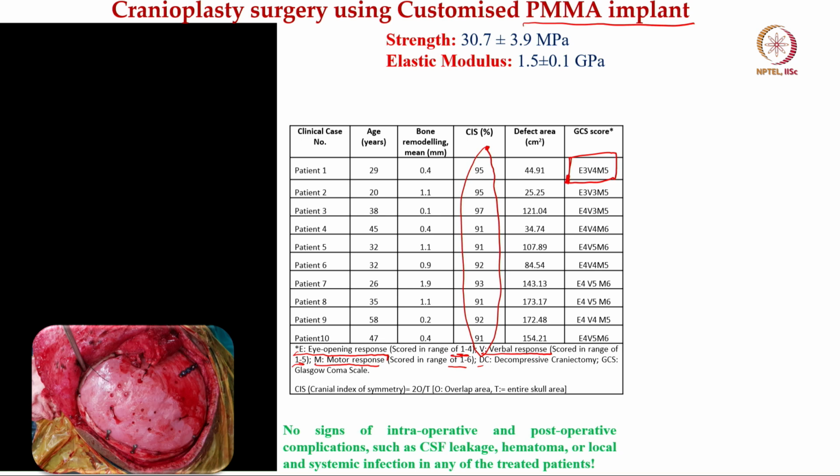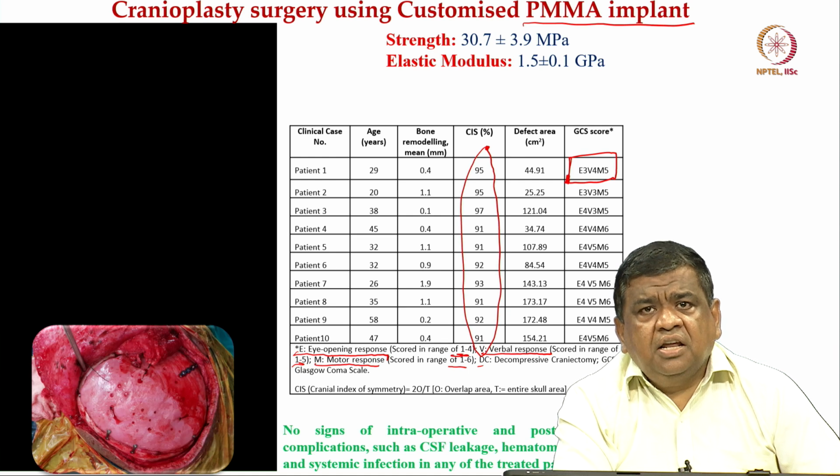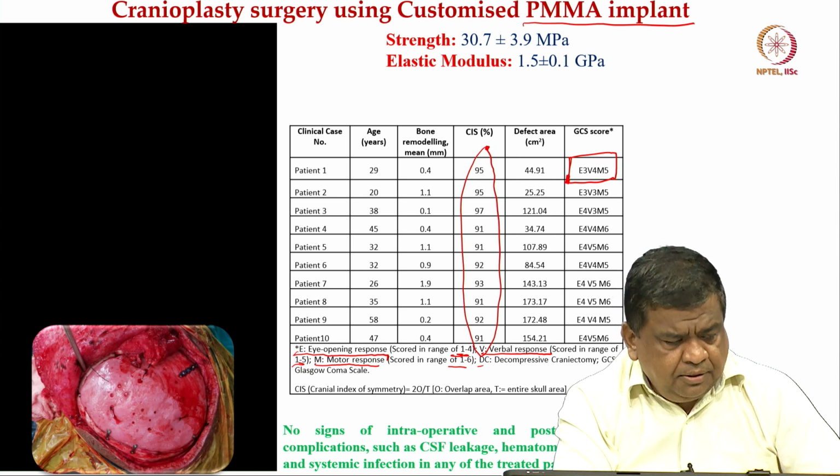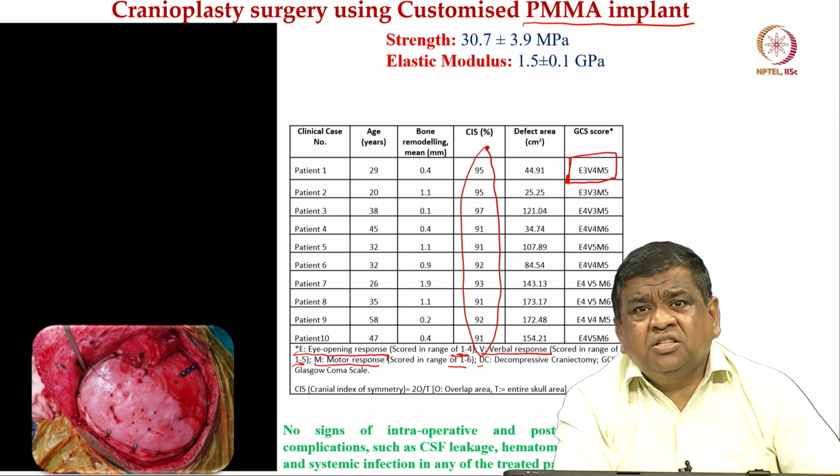And why polymethyl methacrylate? I have mentioned in the last lecture, and perhaps I should reiterate here, that there are other material options like titanium mesh, polyether ether ketone or hydroxyapatite, but polymethyl methacrylate is used by far the most extensively.